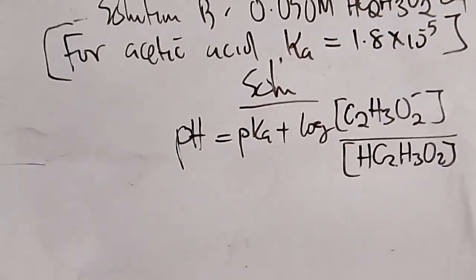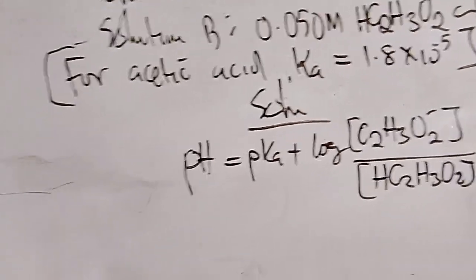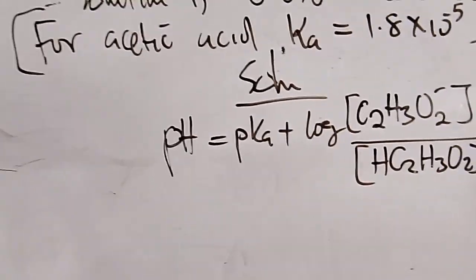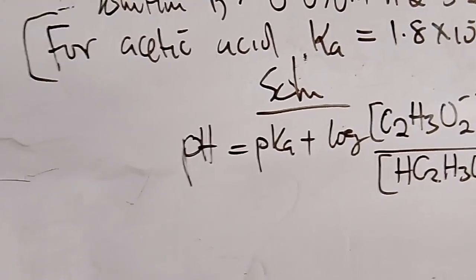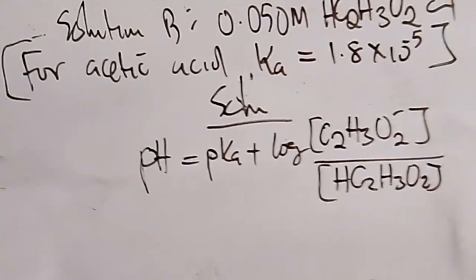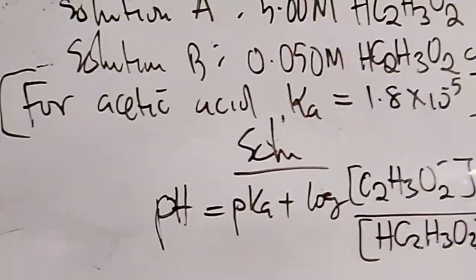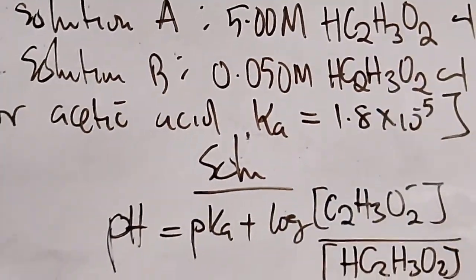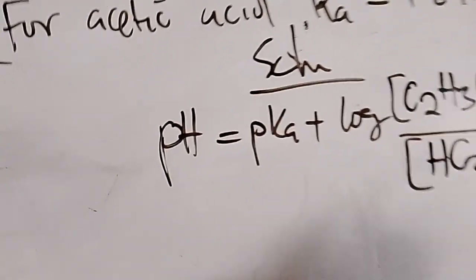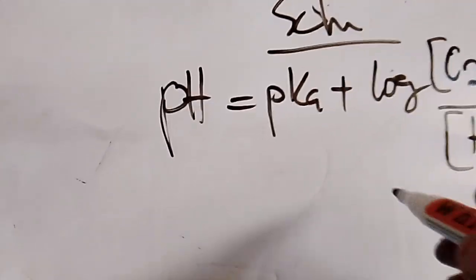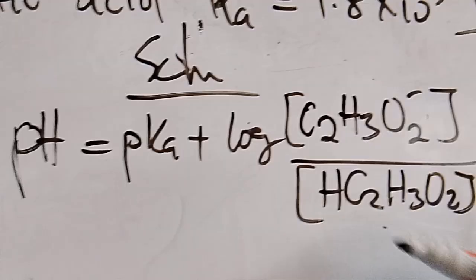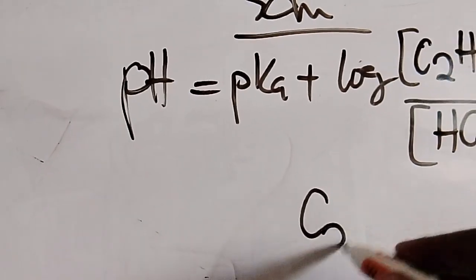For both solutions, the initial pH can be calculated with the Henderson-Hasselbalch equation. Clearly you can see that the concentration of the conjugate base and the acid is the same for both solutions.